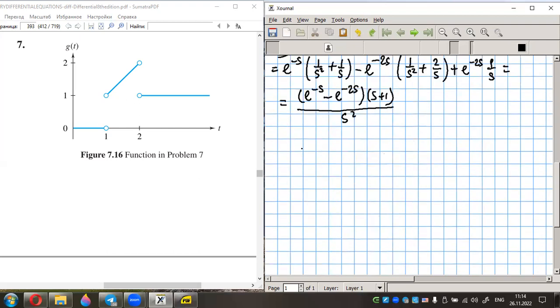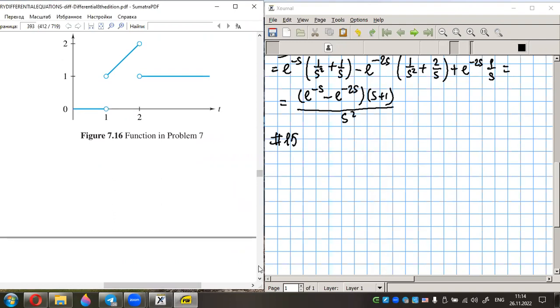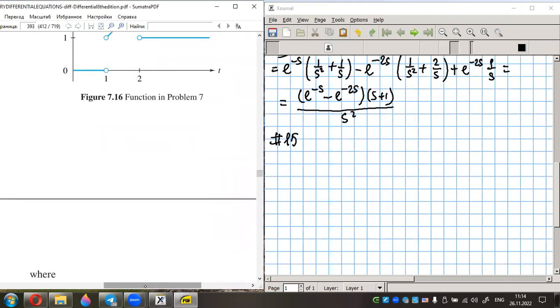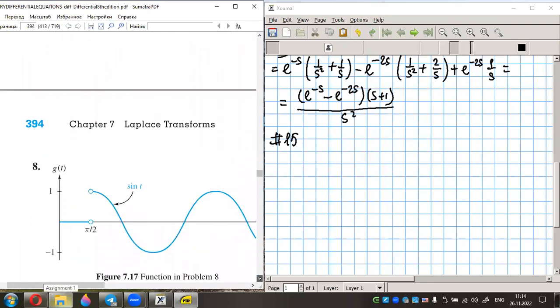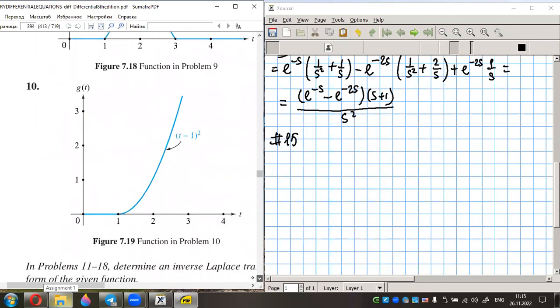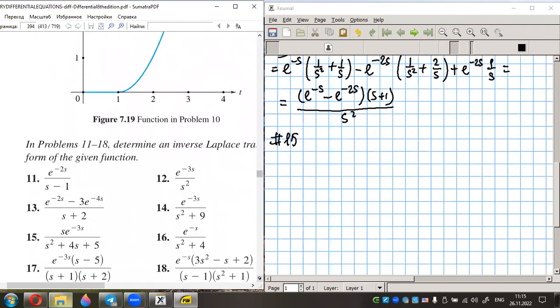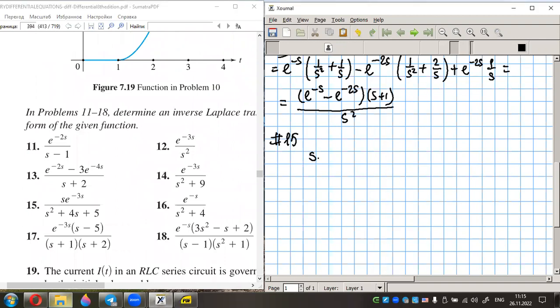Okay. Another one I want to show you. It's, for example, number 15. The inverse Laplace of s e to the minus 3s over s squared plus 4s plus 5.